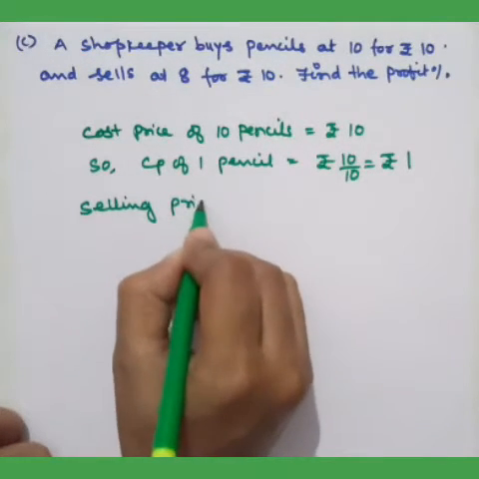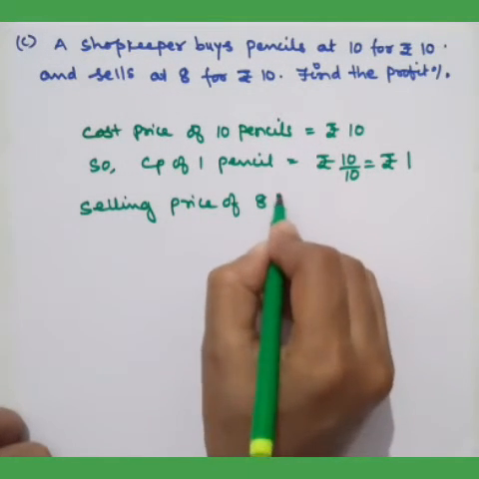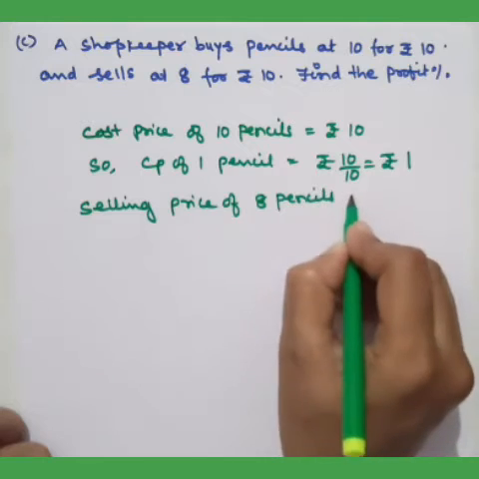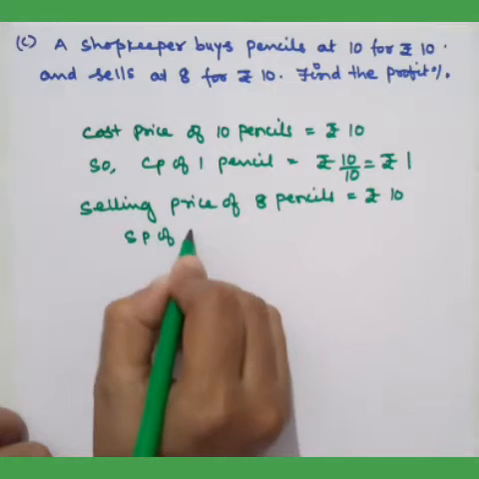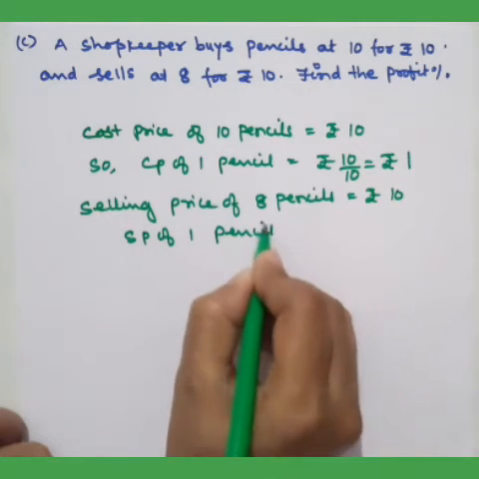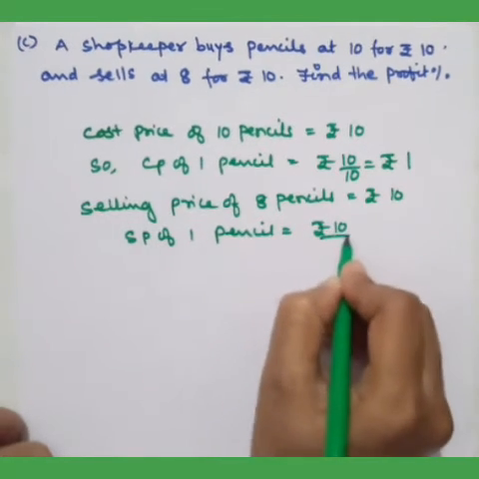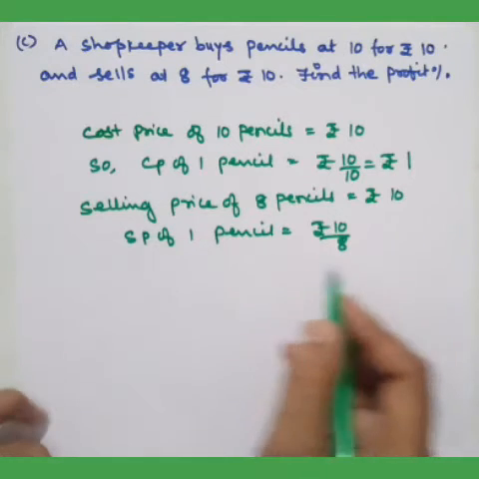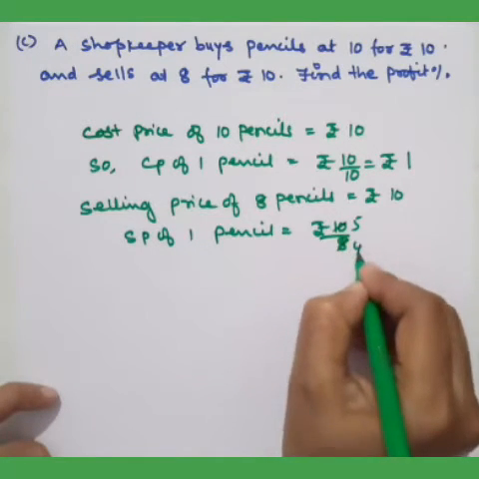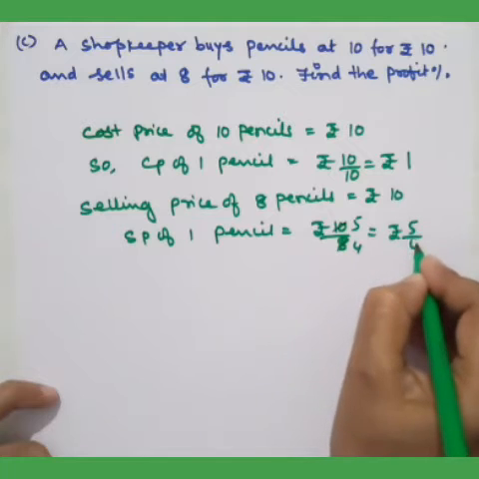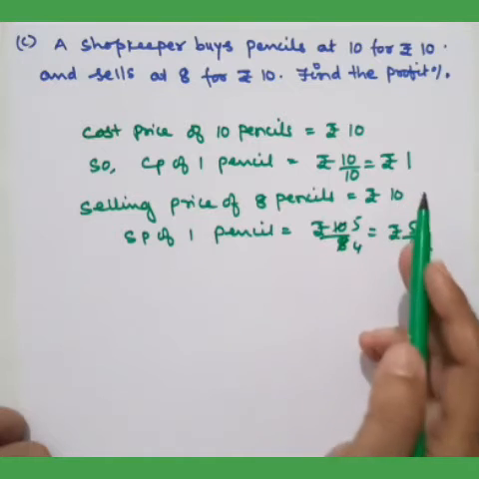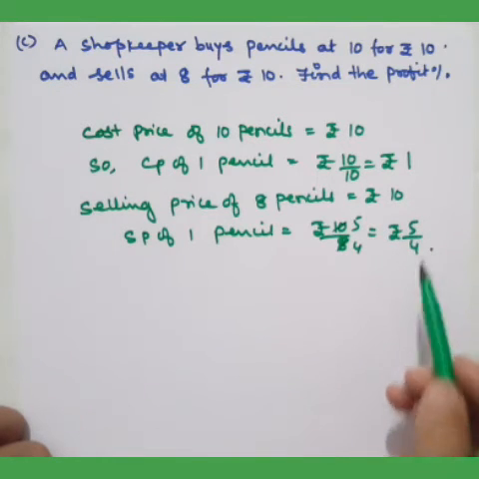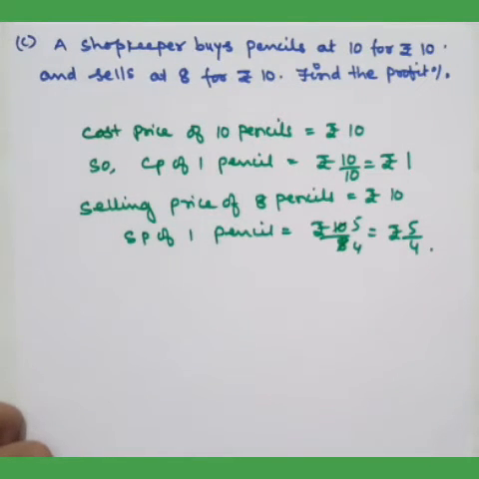Selling price of 8 pencils is how much? Rupees 10 again. So SP of one pencil will be rupees 10 by 8. Now 2 5s are and 2 4s are, that is rupees 5 by 4. Now see here, obviously SP is greater than CP. See, CP is 1 and SP is 5 by 4. 5 by 4 is an improper fraction and improper fraction is more than 1.